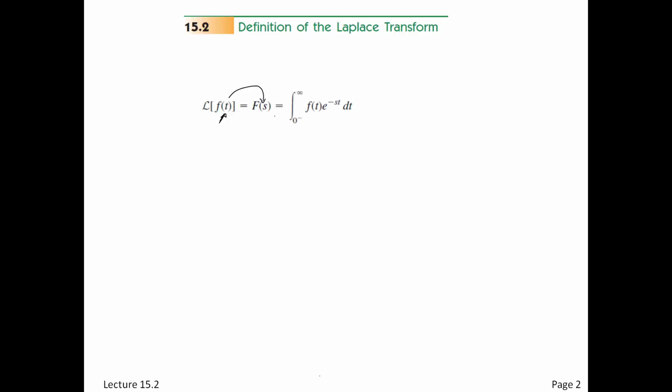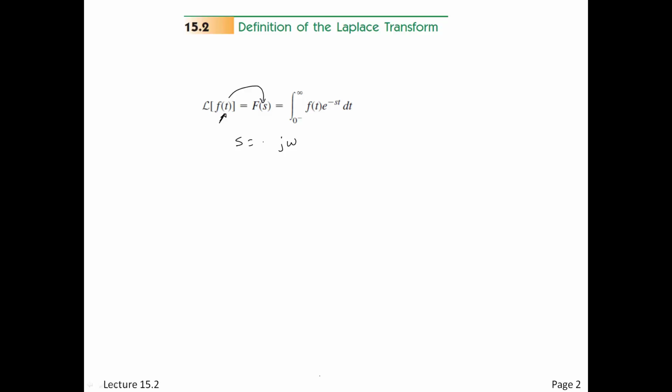And the definition is this. It's an integral of the function itself over time multiplied by e to the minus st. And remember, we had in the last chapter, S was j omega.